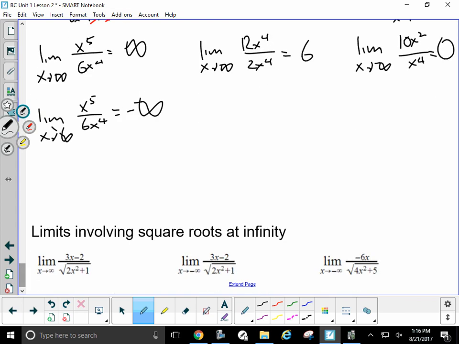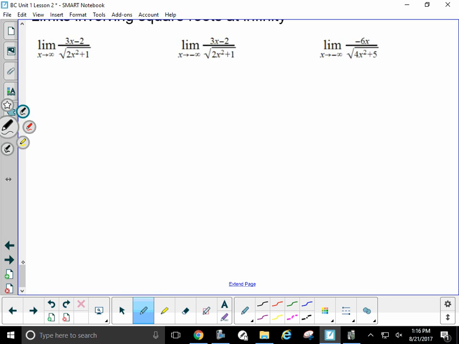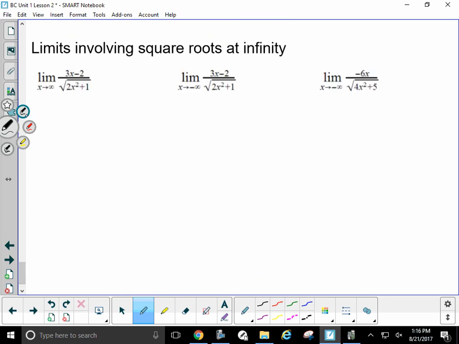Okay, the next ones are a little bit trickier, involving infinity. I'll show you why. Keeping the same growth rate concepts and understanding we're plugging in infinity, that 2 doesn't matter, that 1 doesn't matter. You start simplifying this algebraically. Watch what happens.